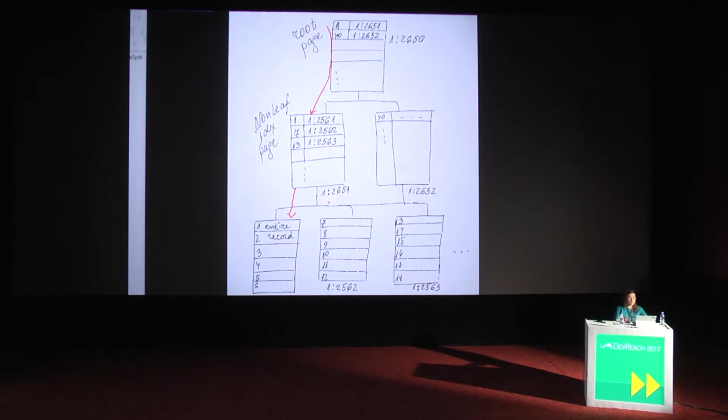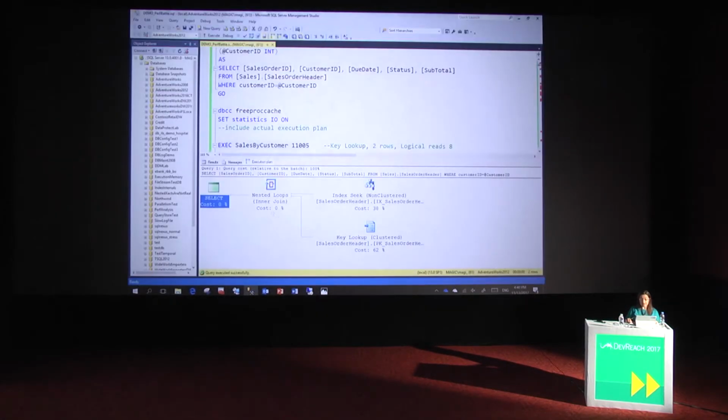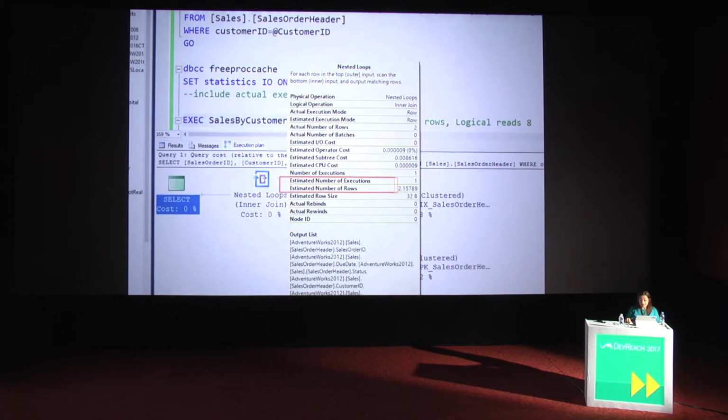And because SQL Server knows that I'm searching for a particular customer ID, it estimates that I'm searching for approximately 2 customers, and it gives me actually 2 customers at the end of query execution.